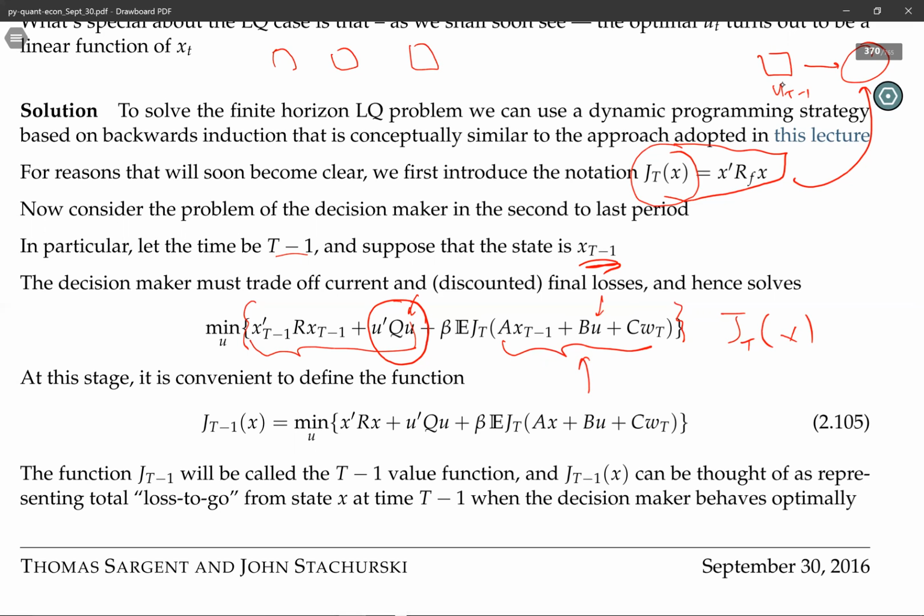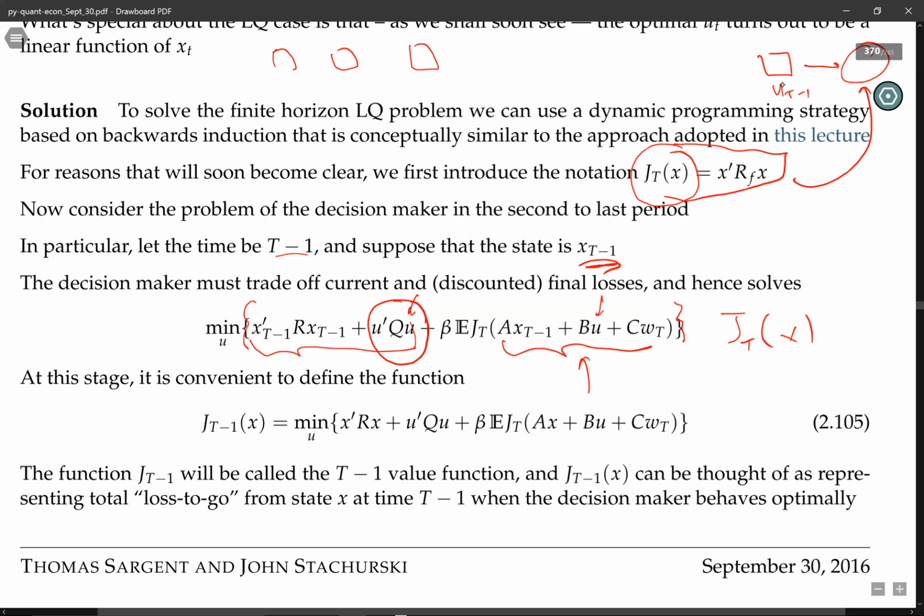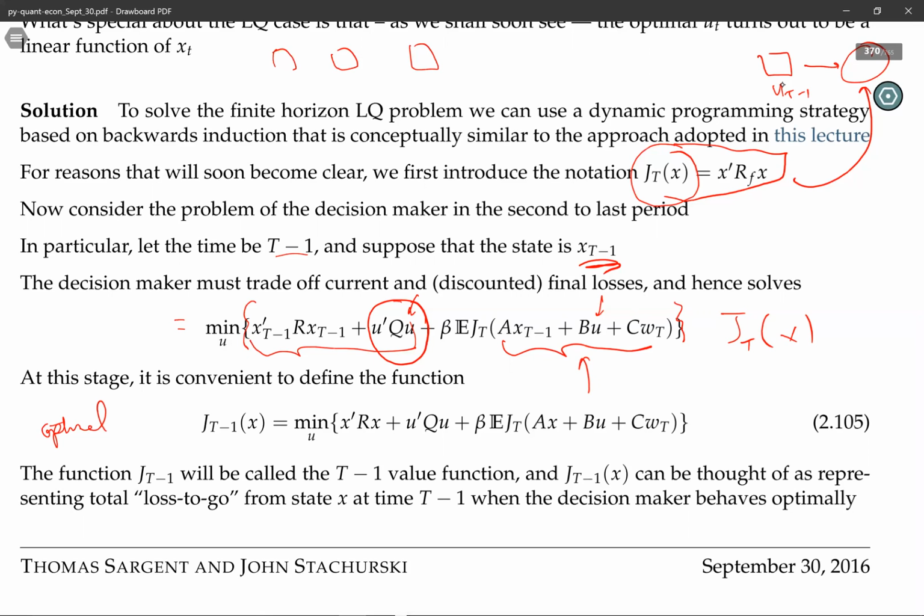So Bellman's idea was, let's define this function, J_{t-1}. It's going to be a value function, a function of the state at time t minus 1, and it's going to be the best possible J. It's the optimal value function, which means it's the value of this problem up here. So we're going to minimize over u these two things, and we're just going to define a function J_{t-1}.